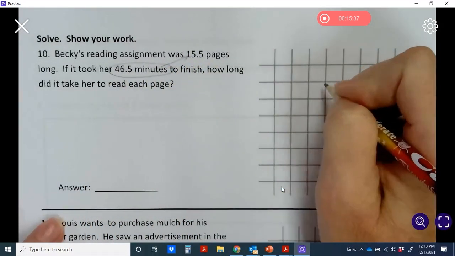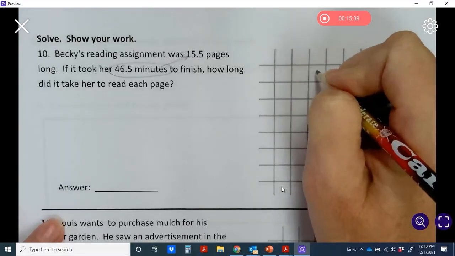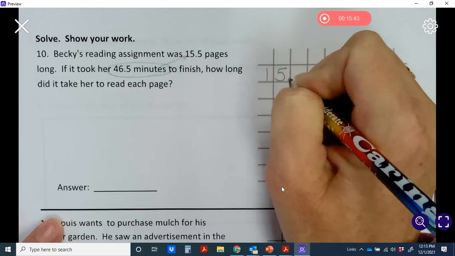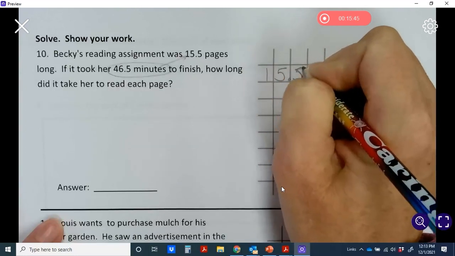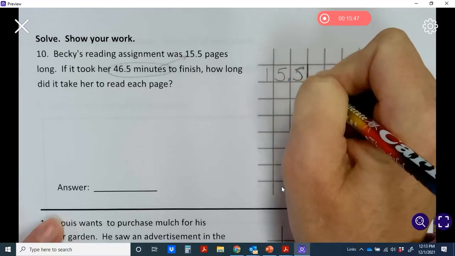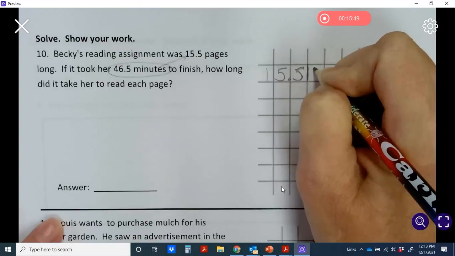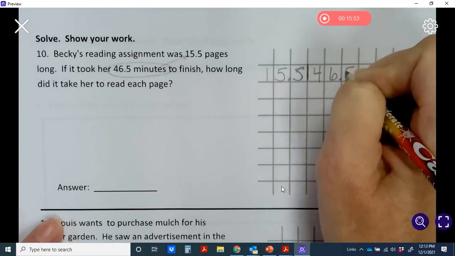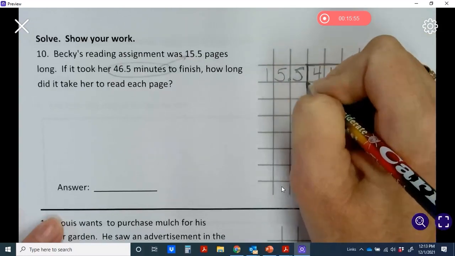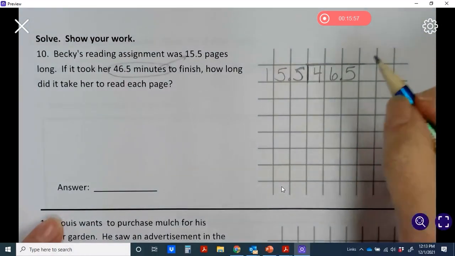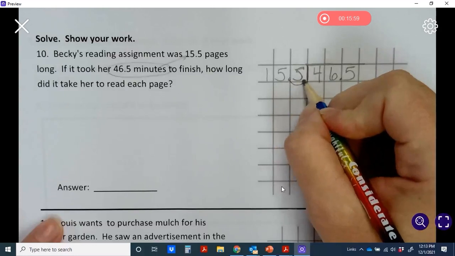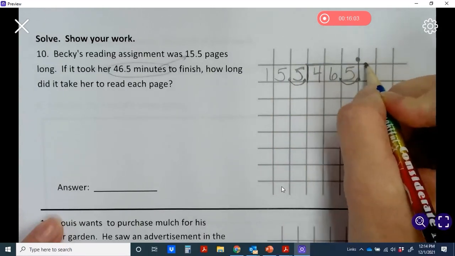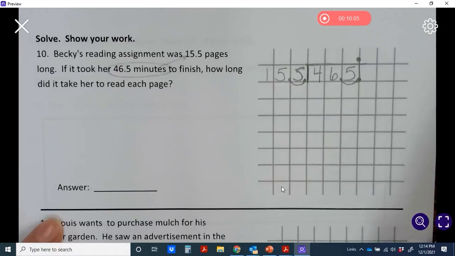So we have to do 46.5 divided by 15.5. 15.5 is our divisor, and then we're dividing 46.5. Now we're going to move the decimal point here, move the decimal point here, bring it up into our problem.